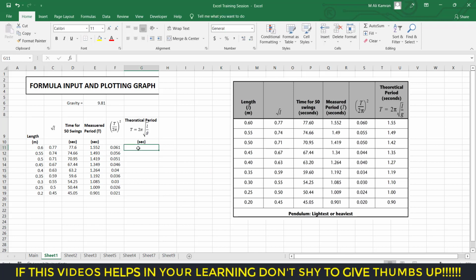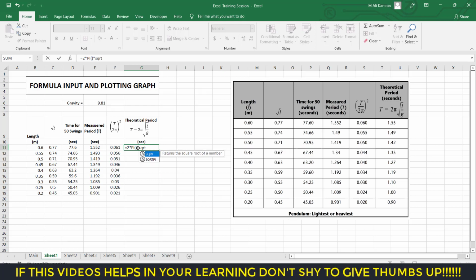So this is equal to 2 multiplied by pi. So pi, press tab and close the brackets, and multiply by square root.